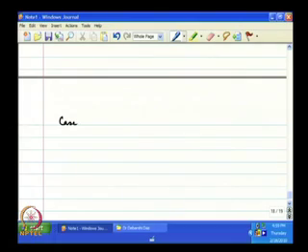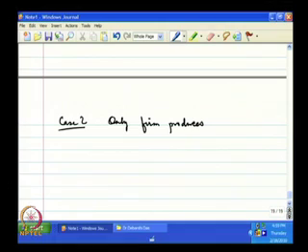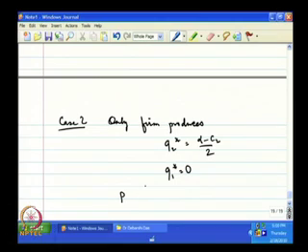In case 2, where only firm 2 produces, the production is alpha minus C2 divided by 2, and Q1 star is 0. The quantity is obviously alpha minus C2 divided by 2. What about the price?